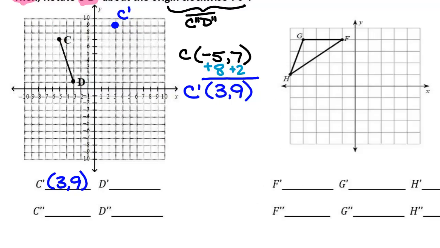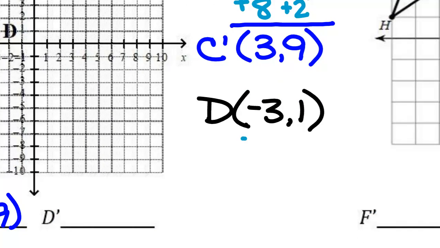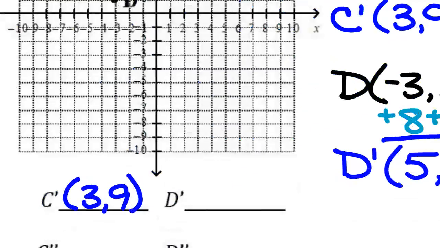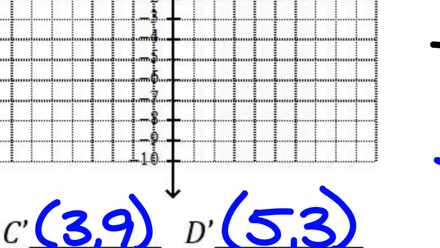Where is my point D currently? -3, 1. Same thing, we want to move it to the right 8 and up 2. So I'm going to add 8 to the -3, and I'm going to add 2 to the 1 there. What is -3 plus 8? 5. And 1 plus 2? 3. So 5, 3 is where my point D prime is.